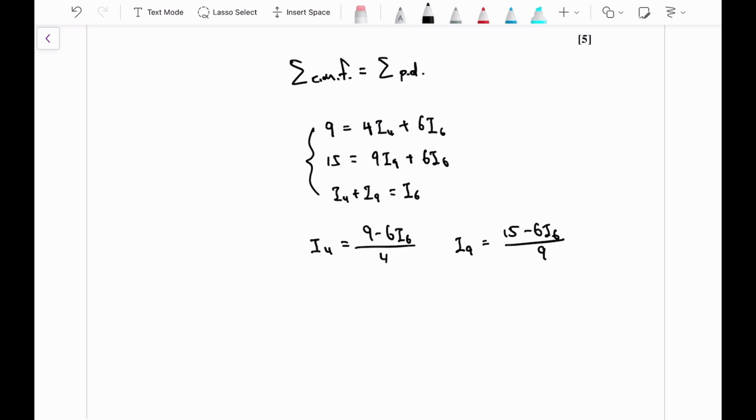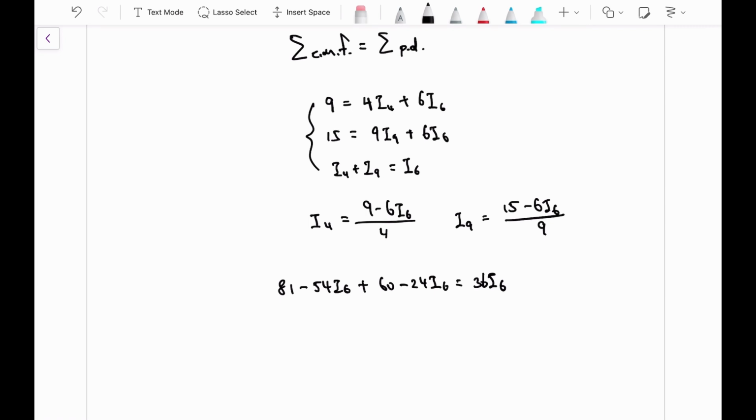So what I'm going to do is multiply both sides by 36 in order to cancel out the denominator. So for I4, it's times by 9, so therefore that will be equal to 81 minus 54 I6, and then plus times 4, which is 60 minus 24 I6 is equal to 36 I6, and then we can solve for I6.